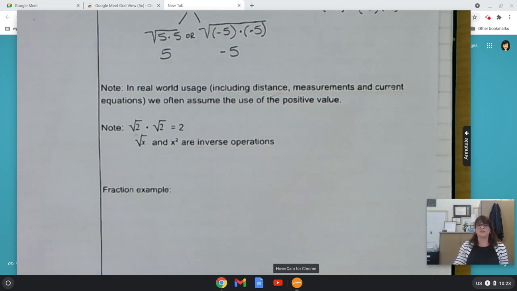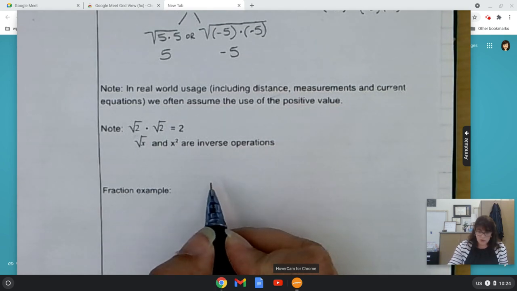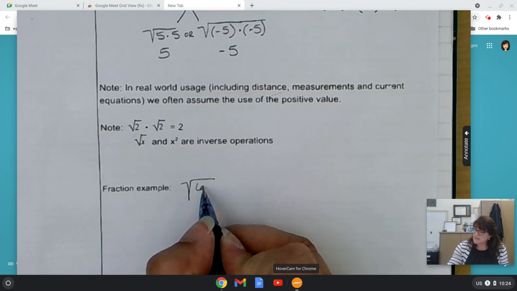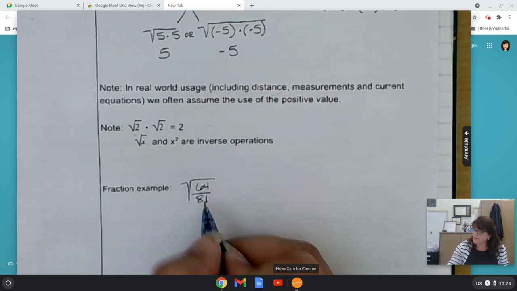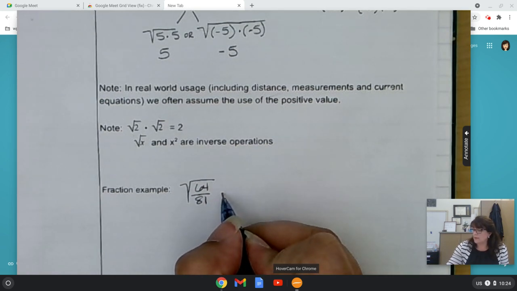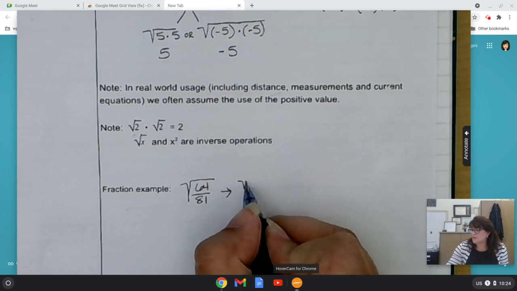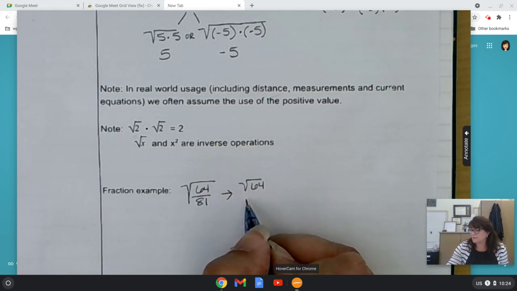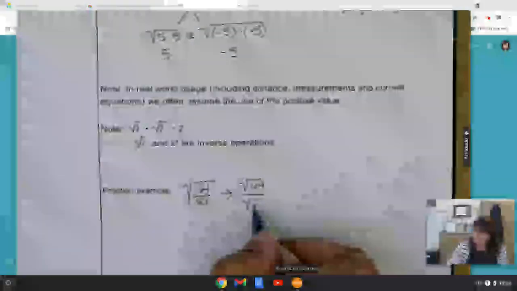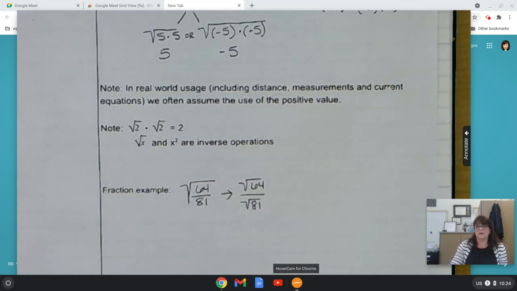Now, what if there's a fraction? What if I said I need you to find the square root of 64 over 81? Well, that's the same as the square root of 64 over the square root of 81. Thank goodness, these are perfect.